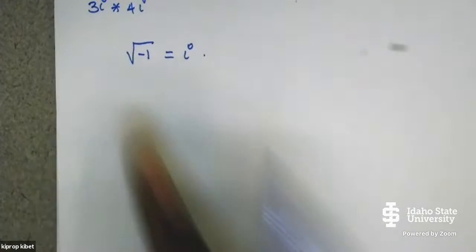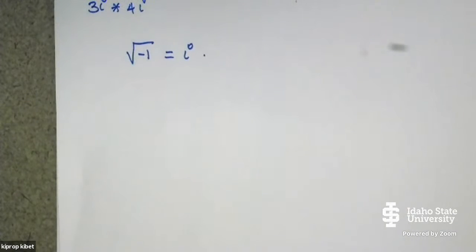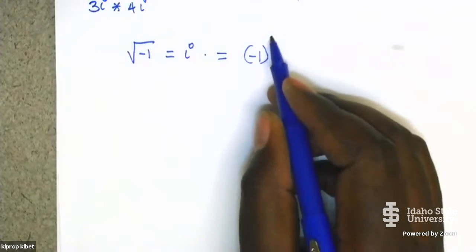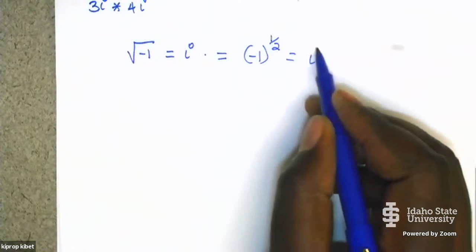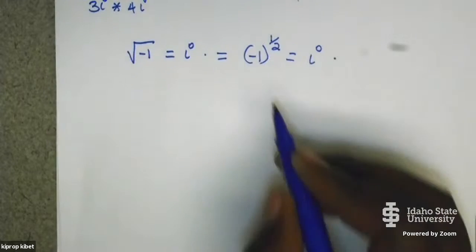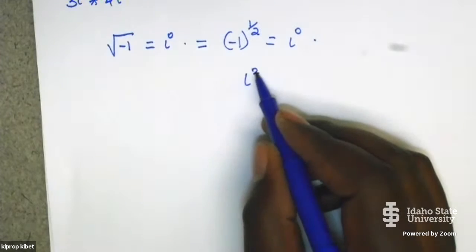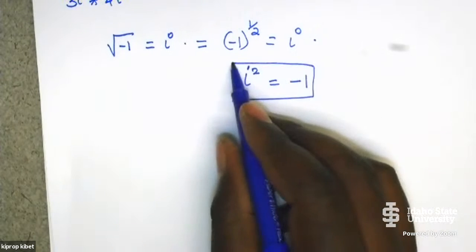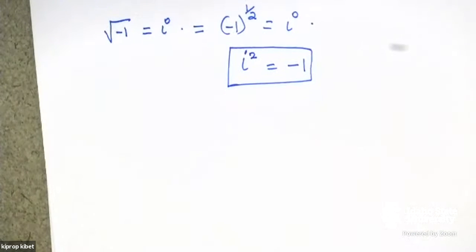Now, what is -1? This is similar to -1 raised to 1/2, which equals i. So therefore, i squared is equal to what? -1. i squared is equal to -1.